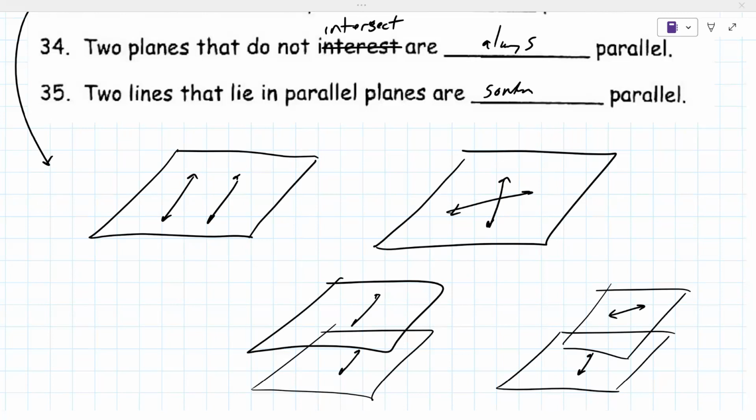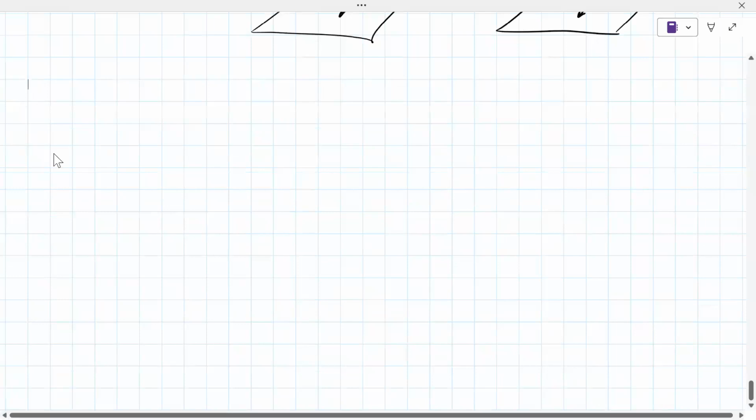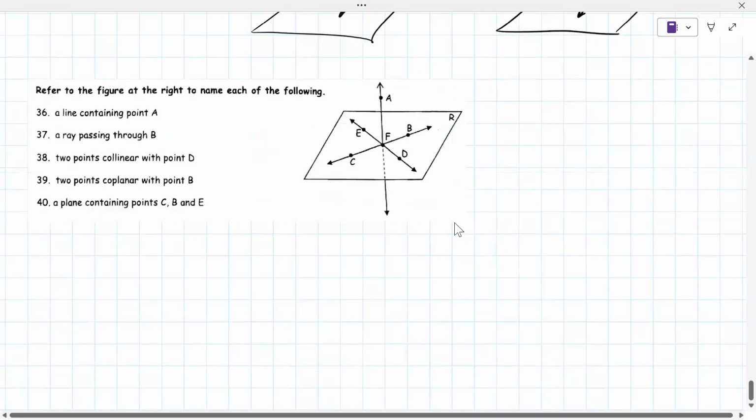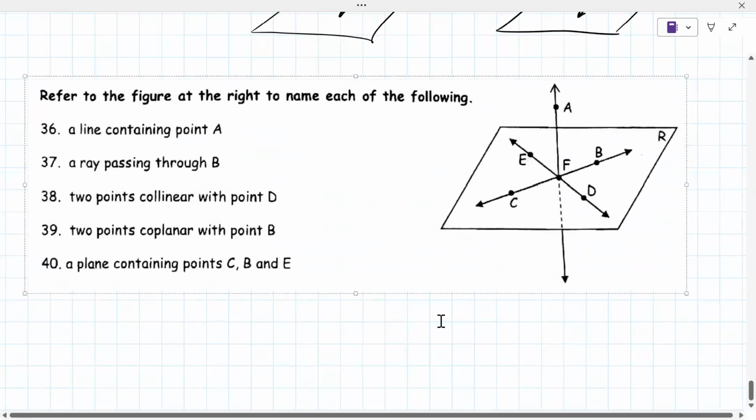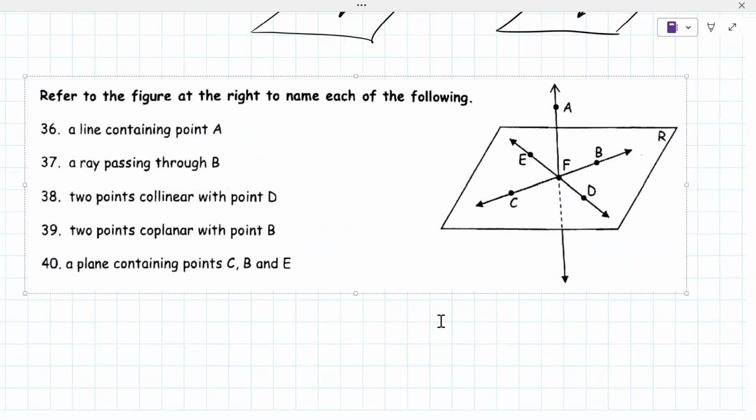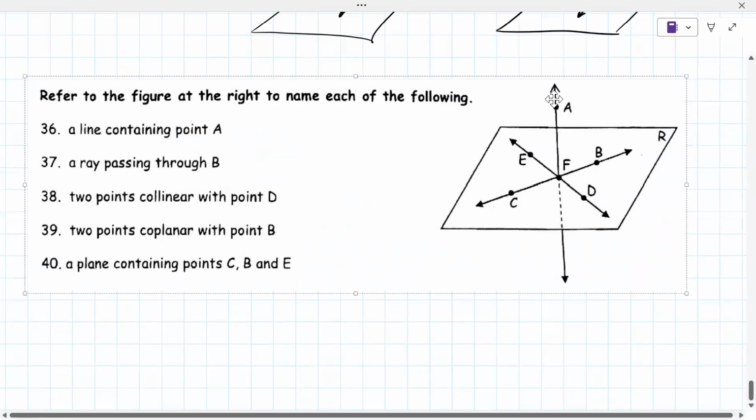Okay. For the next grouping of questions here, there are multiple answers that are potentially correct. So, like a line containing point A. I believe the intent though is that you're supposed to use these.